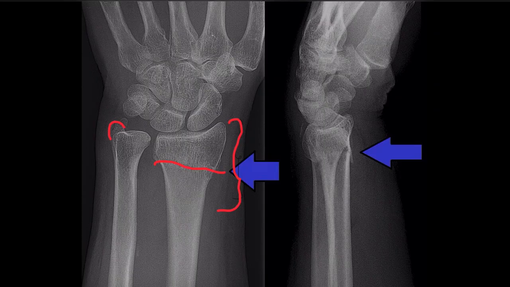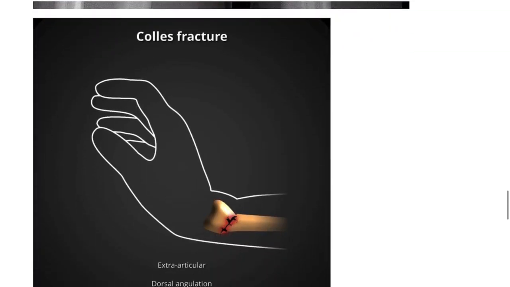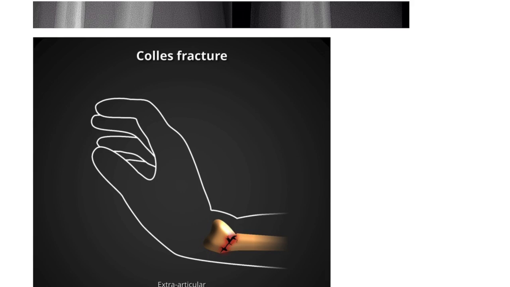This is the anteroposterior view and this one the lateral view. Yes, this is the Colles fracture. You can see this type of hand, with wrist extension and dorsal angulation. Mostly why this happens is a fall on an outstretched hand, and you can see the dinner fork or silver fork deformity.